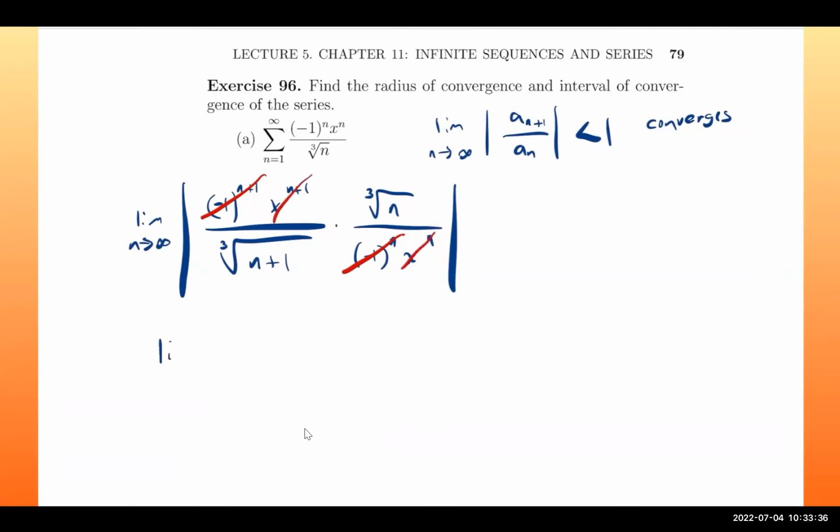So we're going to be left with the limit as n approaches infinity of the absolute value of x, from the x to the 1, because the x to the n's canceled, times n over n plus 1, all under a cube root. I just combined the two cube roots into one single cube root, which you can do.